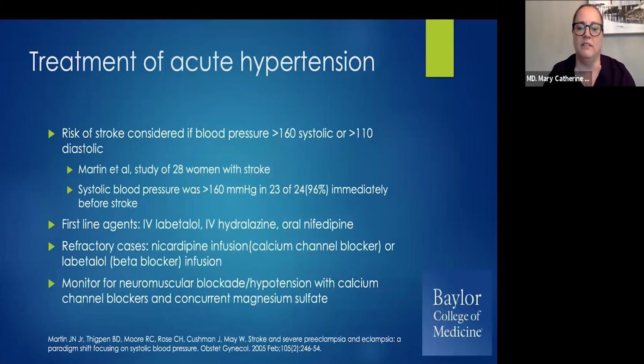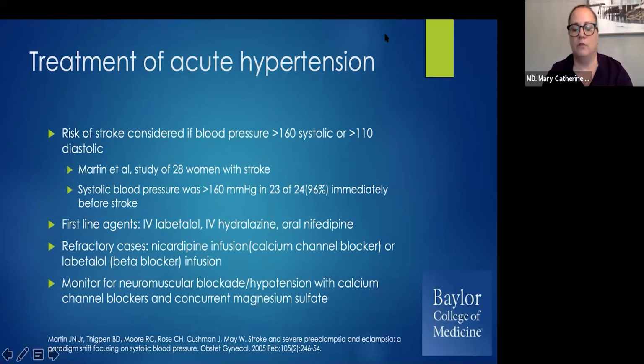What they found is that 96% of women who had a measured blood pressure immediately before the stroke did have a systolic that was greater than 160. I just like to put that in there to remind people of the basis for why we target that number and aggressively treat those patients as soon as we can.